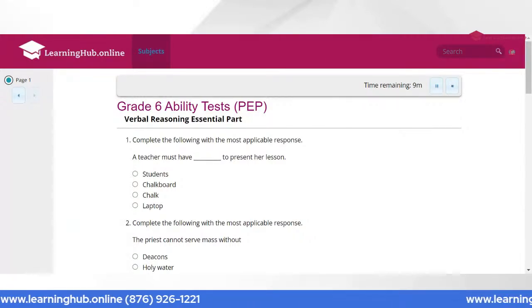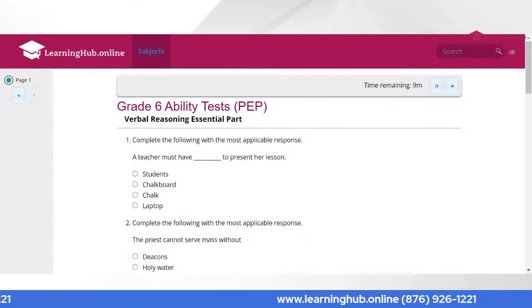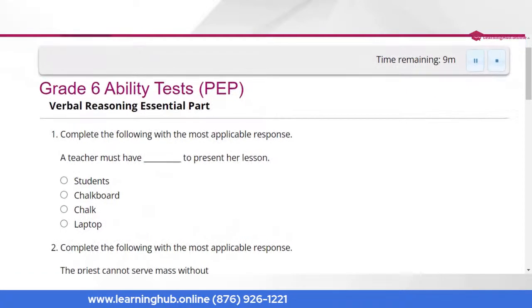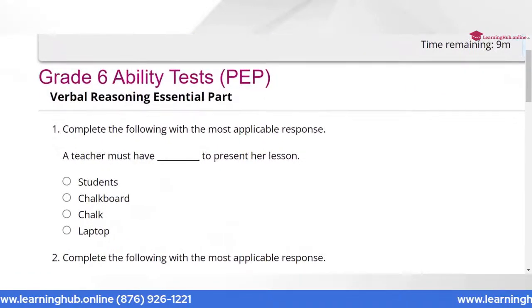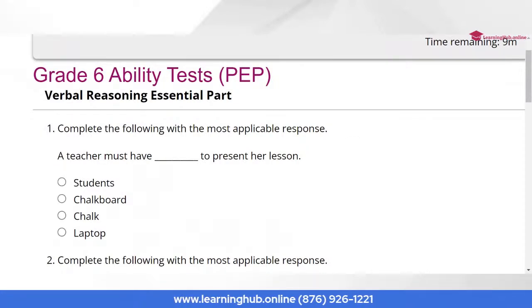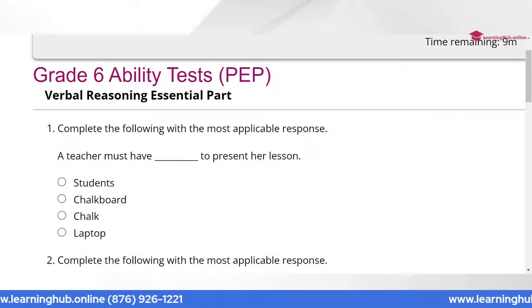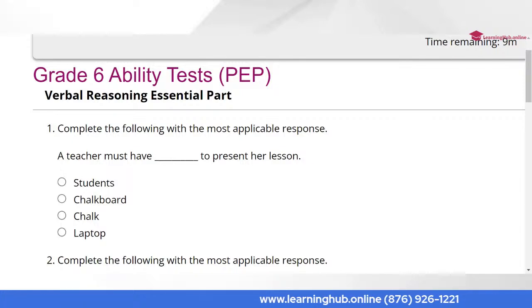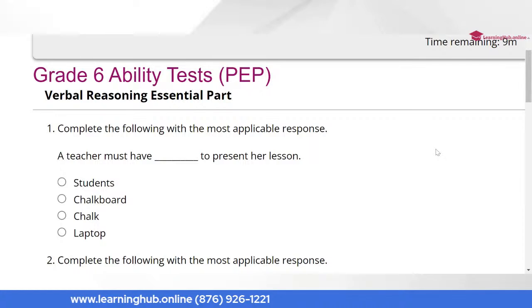Now, guys, remember that with an essential part quiz, we're talking about something that is absolutely necessary for something to take place, or if it is an item, this is something that must be had or must be there for the item to work properly. So an essential part is a necessary component. It's an absolutely necessary component in any equation.